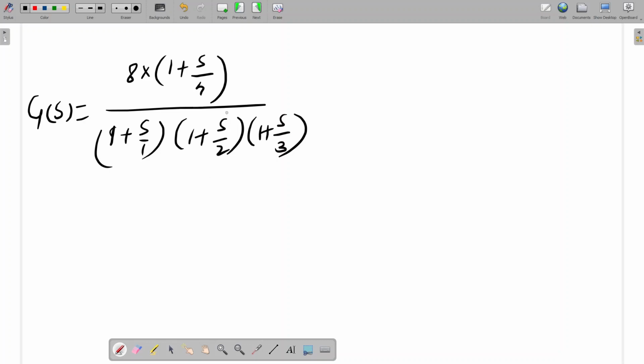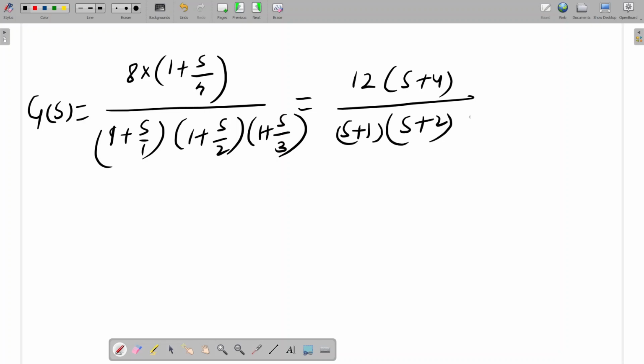Then 6 will go at the top and 4 will go at the bottom, so 6 into 2, 12. So 12 times s plus 4 divided by s plus 1, s plus 2 and s plus 3. Is it correct? Clear up to now?